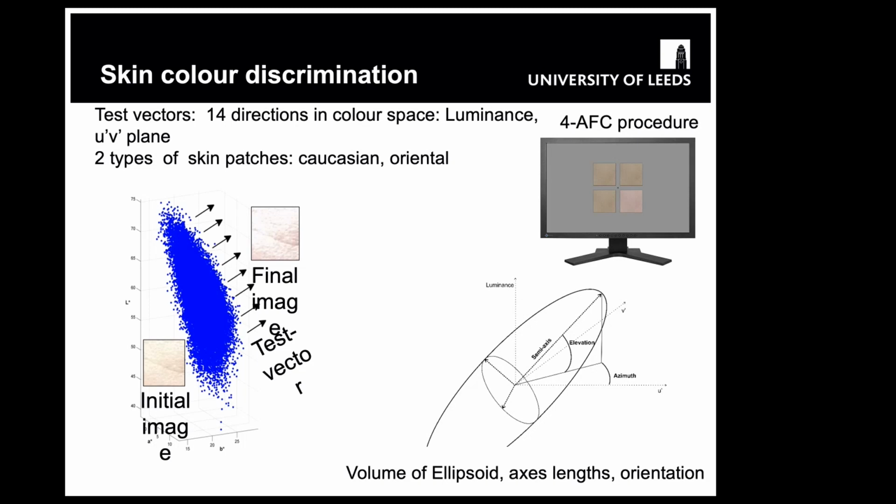That indicates the measurement. But in terms of human perception, we don't look at each pixel. We look at the whole face in one go, right? That would have something to do with skin color discrimination.